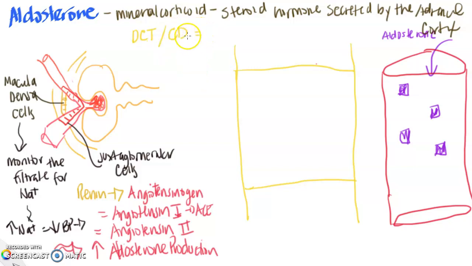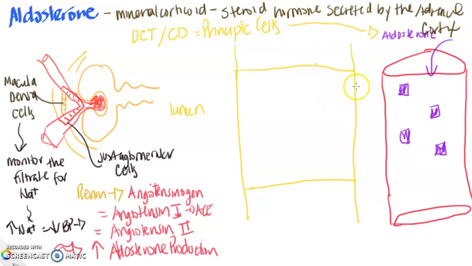They have special cells called principal cells. So that's what I've just drawn here, the principal cell. Out here's the lumen. Here's the interstitial space in the blood. So principal cells are sensitive to aldosterone.